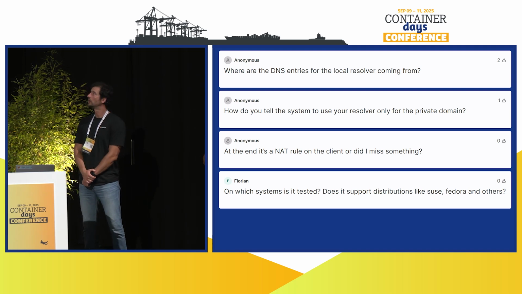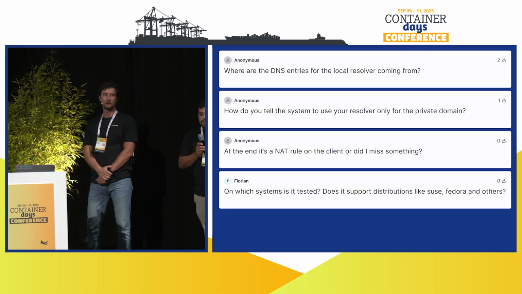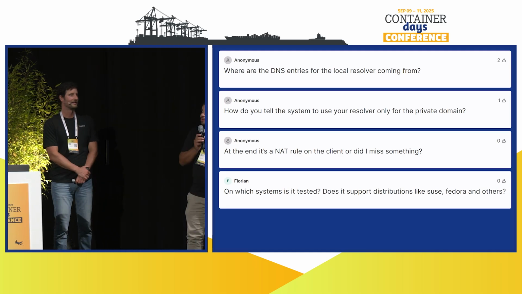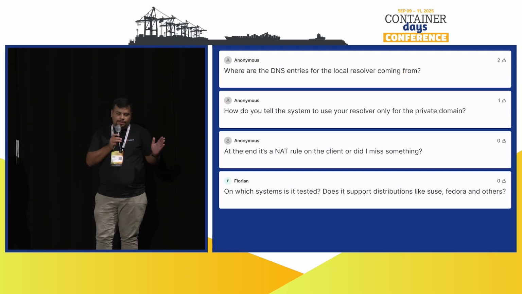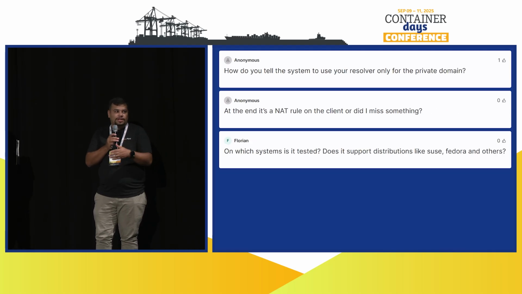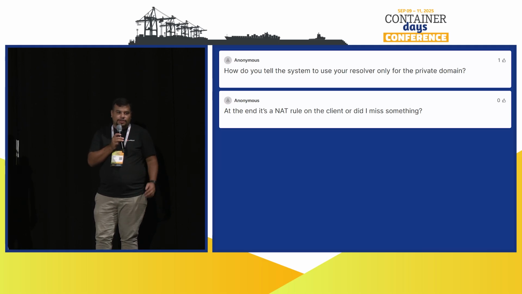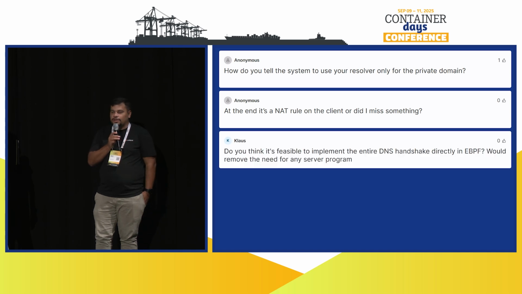How do you tell the system to use your resolver only for a private domain? I can go ahead. With our resolver, we have rules that say that particular domains will be resolved by different IP addresses. And you can set things like, I want to have all the DNS queries resolved by a Google address or maybe Cloudflare, with the exception of this domain. So we route the traffic based on the domain there.